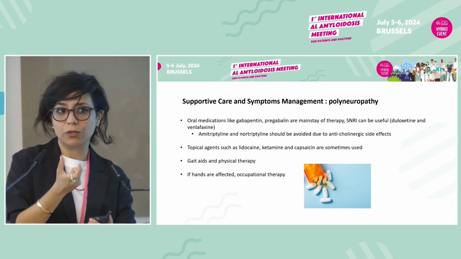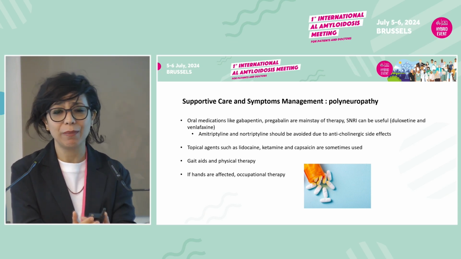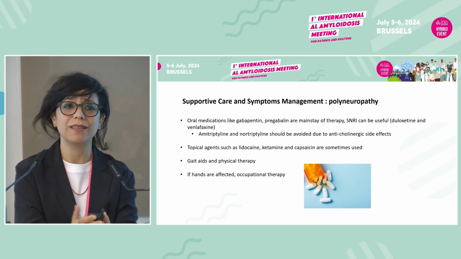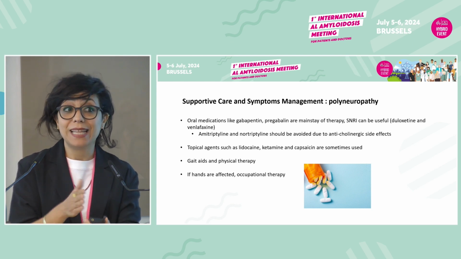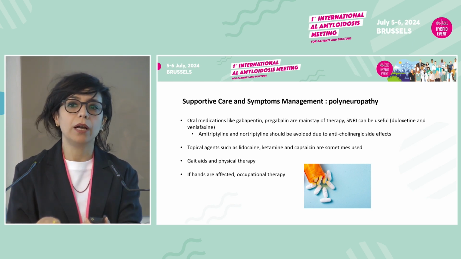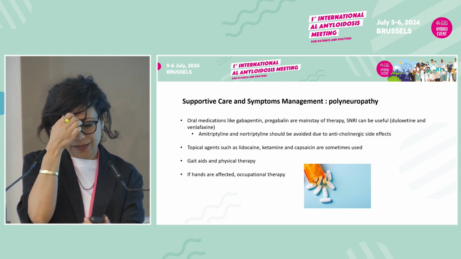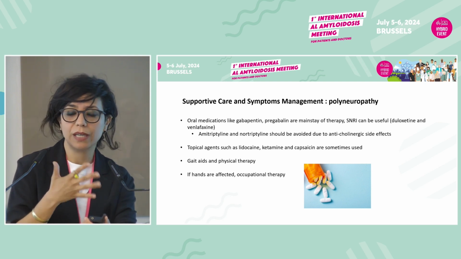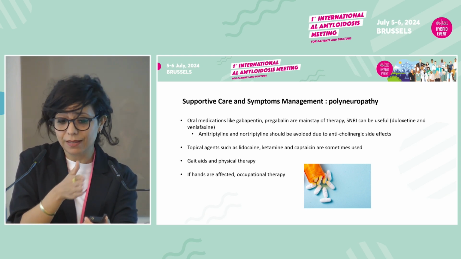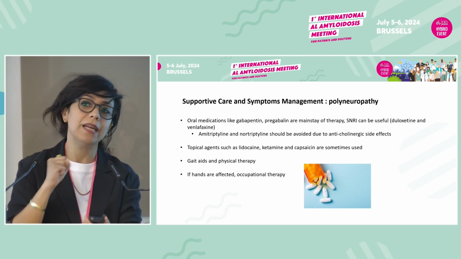The choice between gabapentin or pregabalin can depend a little bit on the patient, if there is an overweight or things like that, and then be really careful. I often organize some calls with the patients after 10 days or 2 weeks after starting the treatment to see if everything is okay.